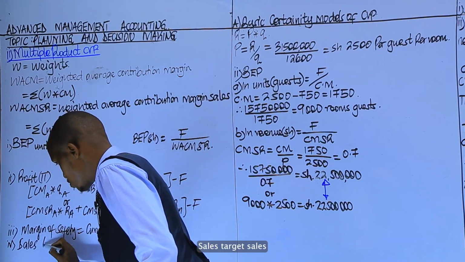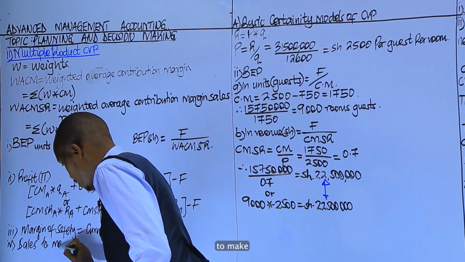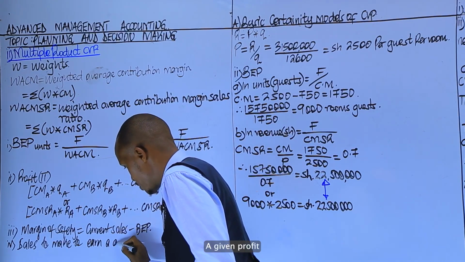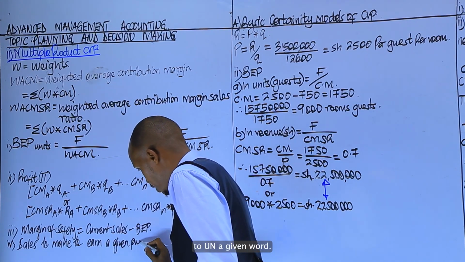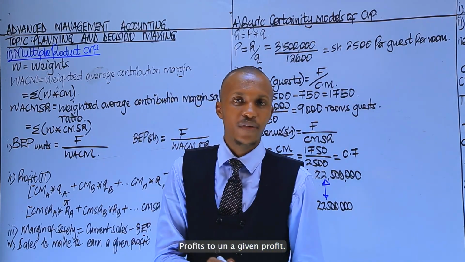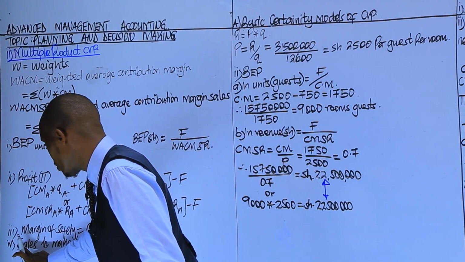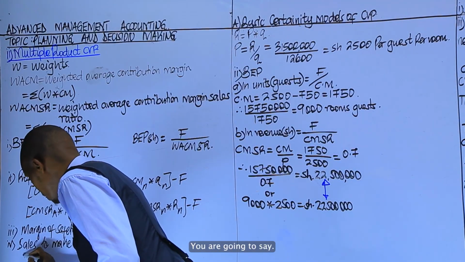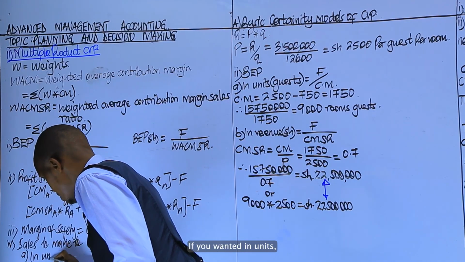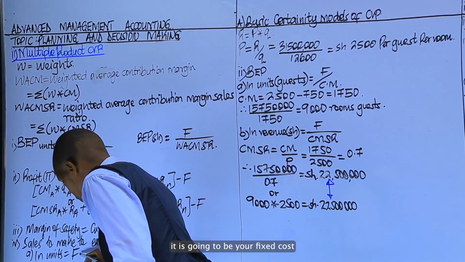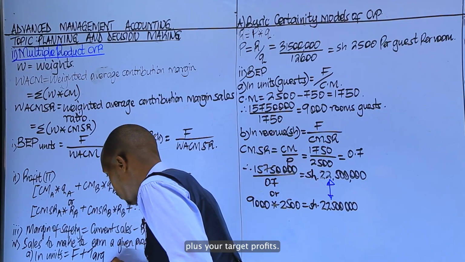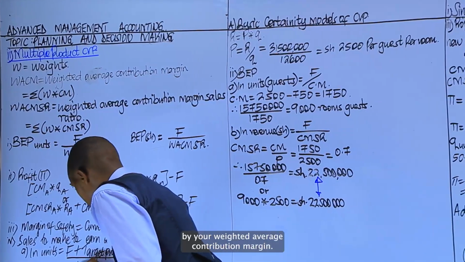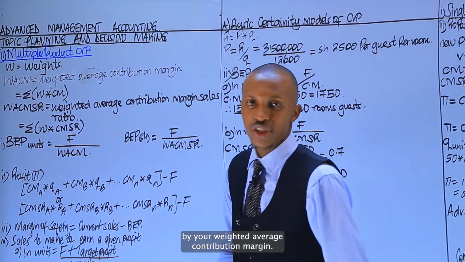Number 4, target sales to earn a given profit. To earn a given profit, what will you do? If you want it in units, it is going to be your fixed cost plus your target profit divided by your weighted average contribution margin.